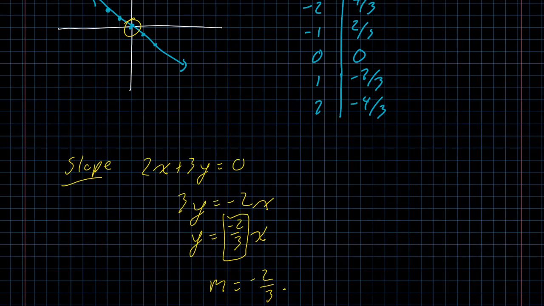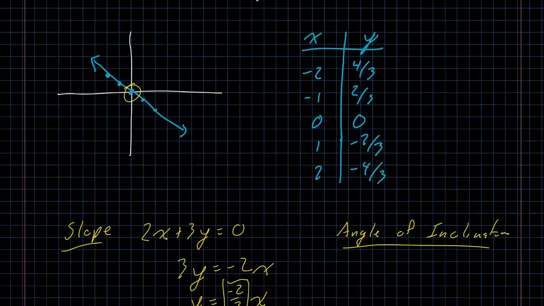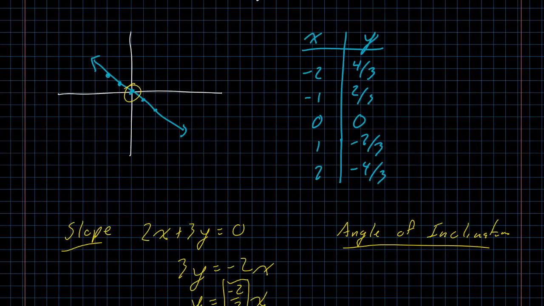What you may not be as familiar with is the angle of inclination of a line, which is actually a fairly straightforward concept. The angle of inclination of a line is defined as the angle formed between that line and the positive x-axis.